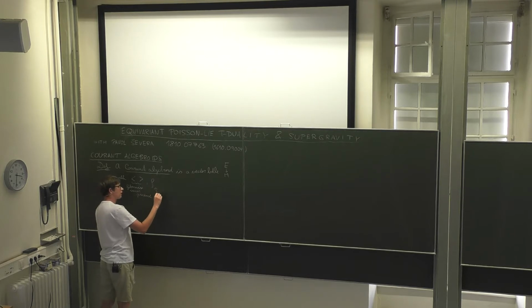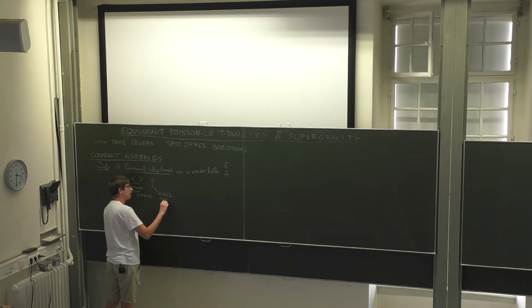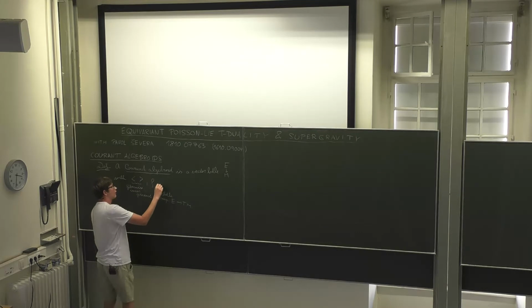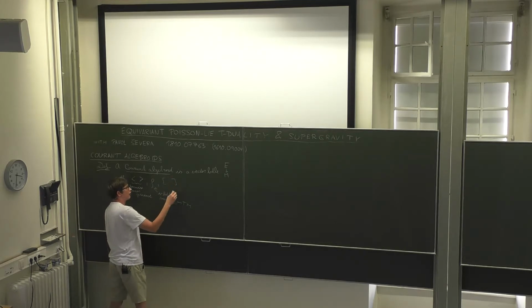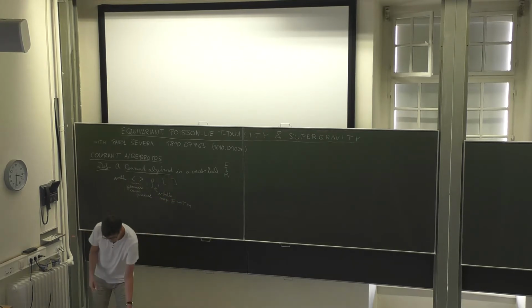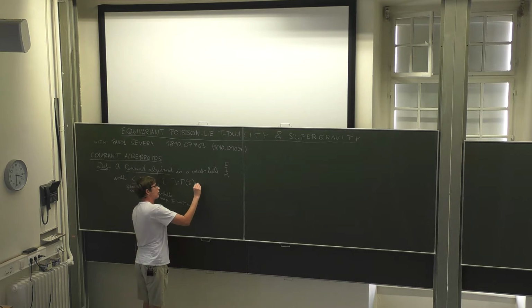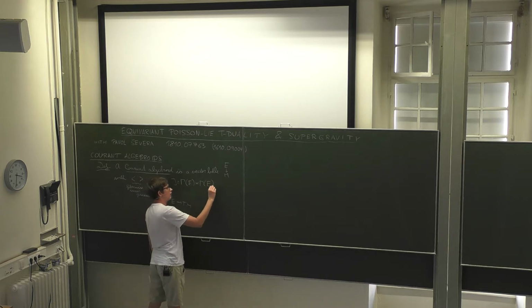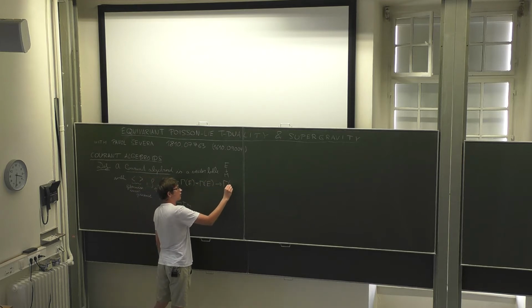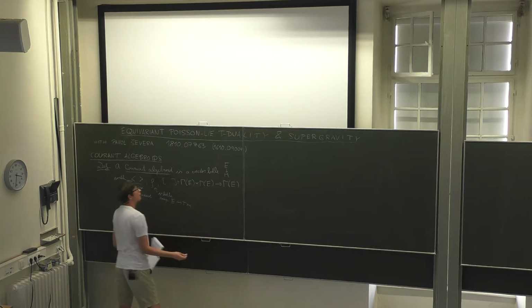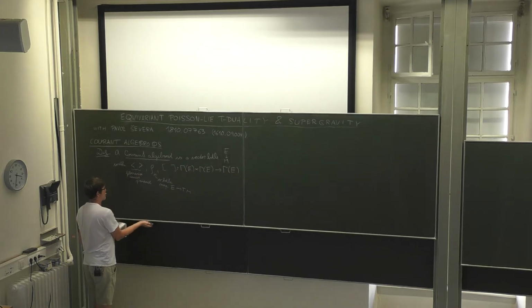So this is a vector bundle map from E to the tangent bundle of the base. And most importantly, there is a bracket on the space of sections. So it takes two sections and produces another one. And it is R-linear. And such that there are some axioms.